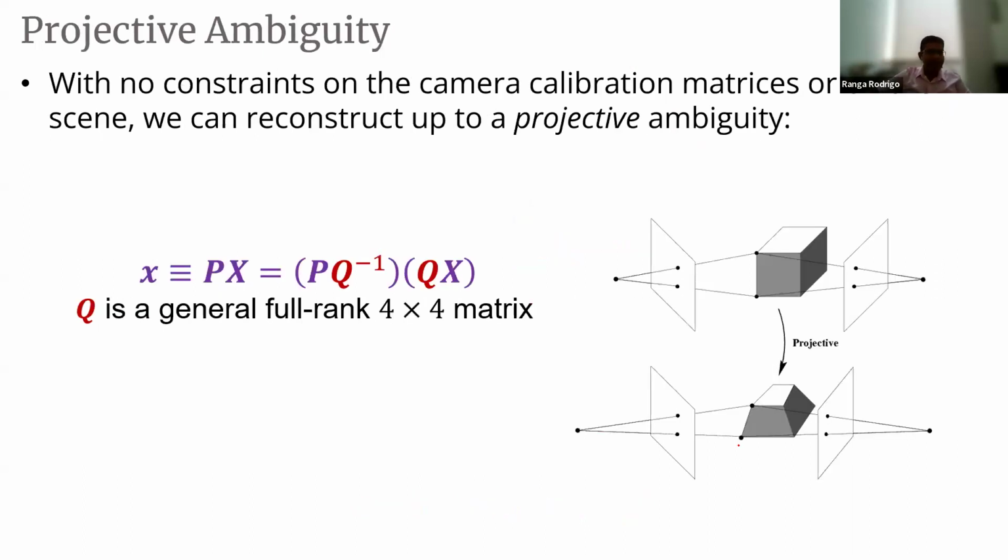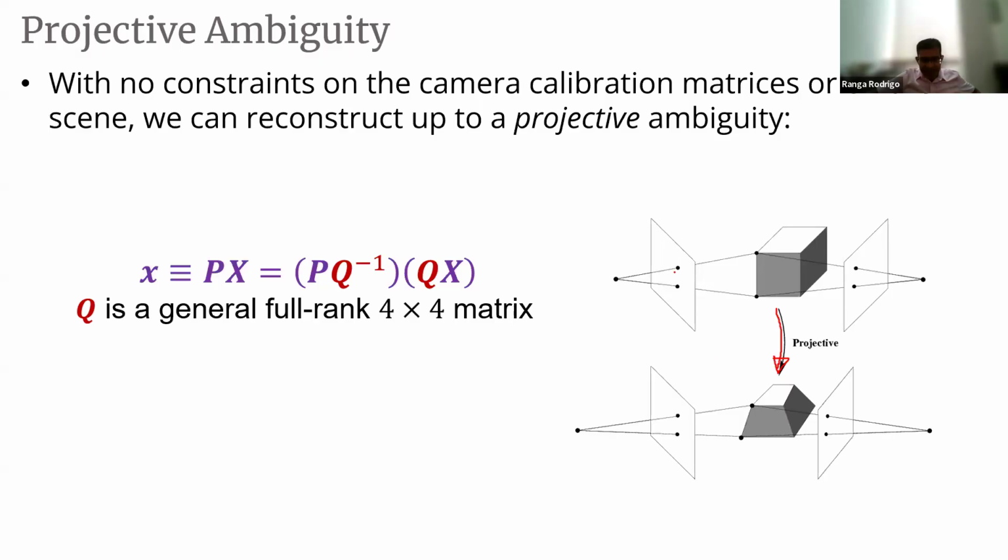Again, if I want to show you pictorially, this is from the Hartley and Zisserman book. Now this has been transformed using some matrix. It's an affine transformation actually. It has become a trapezoid, something else.